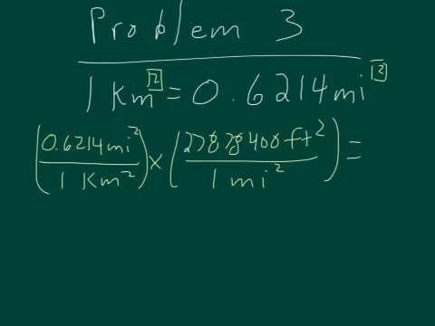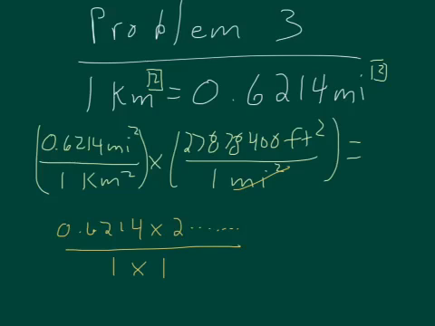It looks like we're going to take 0.6214 times that big number, whatever that is, and we're going to divide by 1 and divide by 1 again. Let's look at what units we get to cancel out.